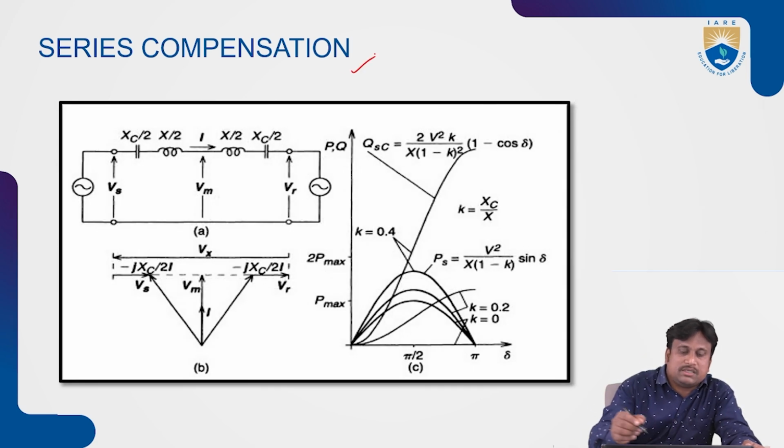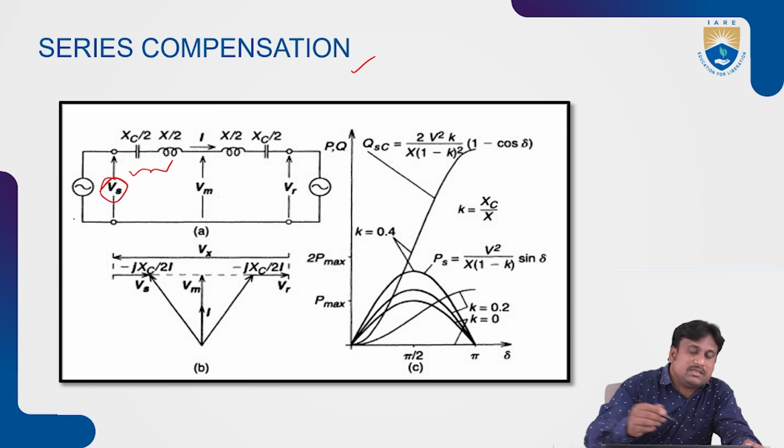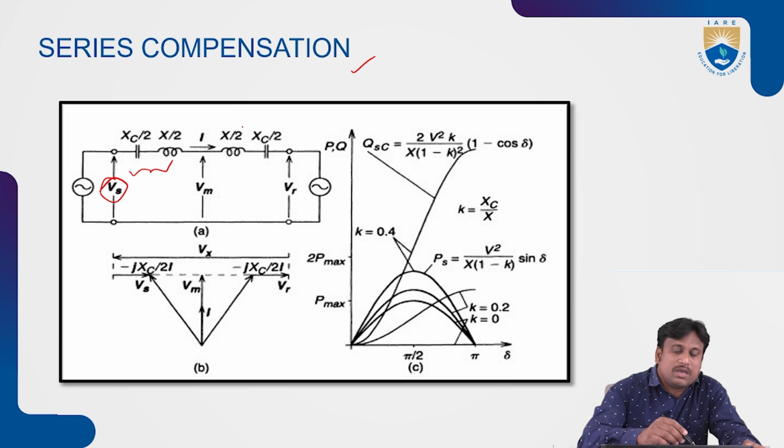Coming to the series compensation, we are providing a cumulative combination of capacitive reactance and normal reactance, summed together, and these are excited by the source voltage Vs on the left-hand side. These coefficients are halved as x by 2 and xc by 2.